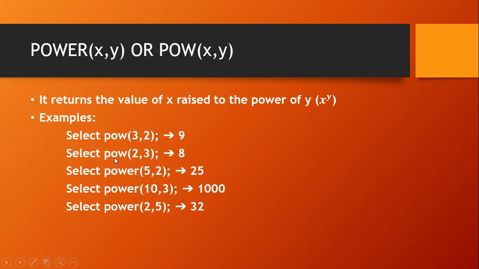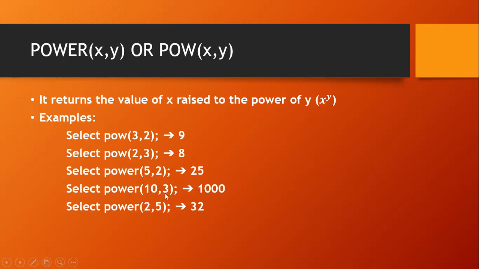In the second example, select pow of 2, 3. 2 has to be multiplied 3 times, 2 into 2 into 2, and hence the output is 8. Select power of 5, 2. 5 has to be multiplied 2 times, that is 5 into 5, and hence it returns the output as 25.